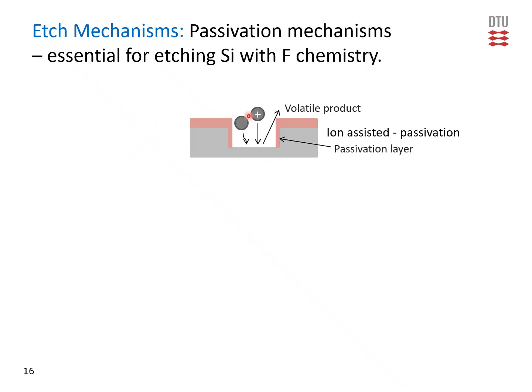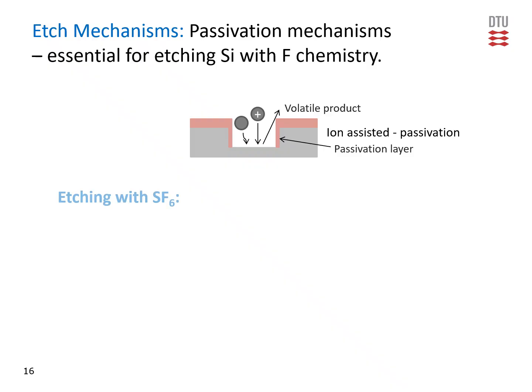You remember that for the passivation mechanism, you need the radical that will etch chemically, and then you need some other species in the gas to form some kind of deposition layer that you remove with the ions, and in that way create an opening for the etching to continue.